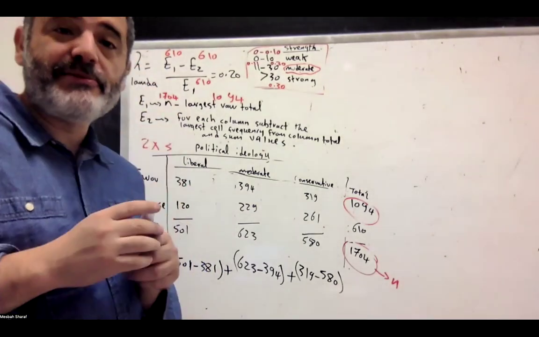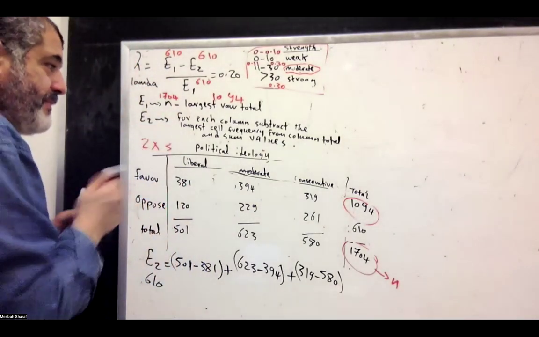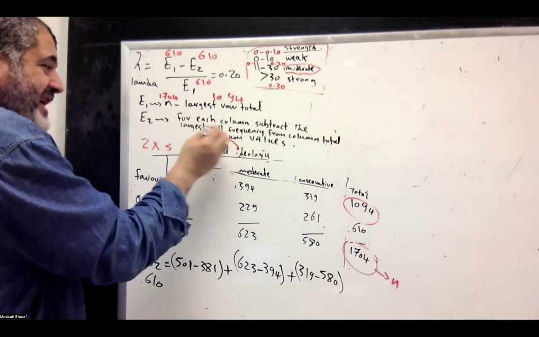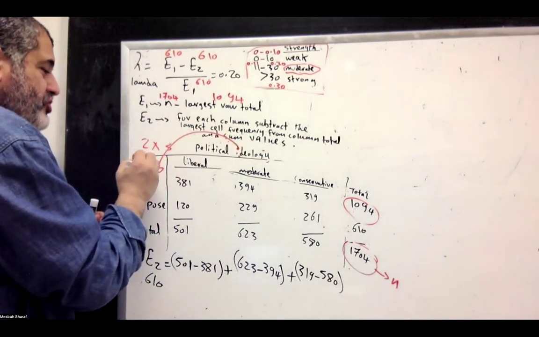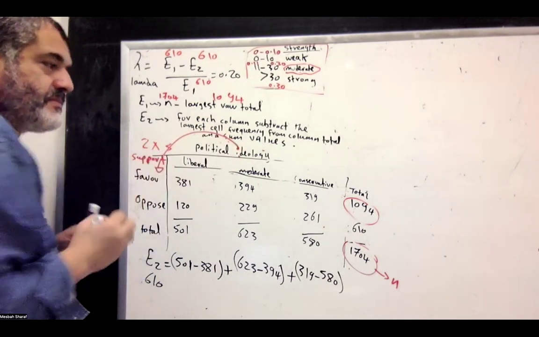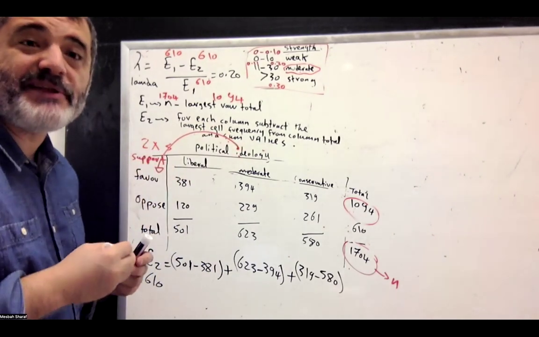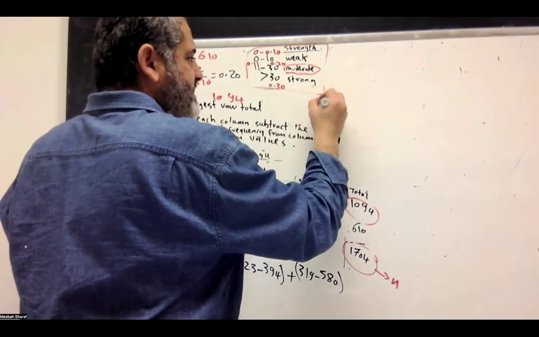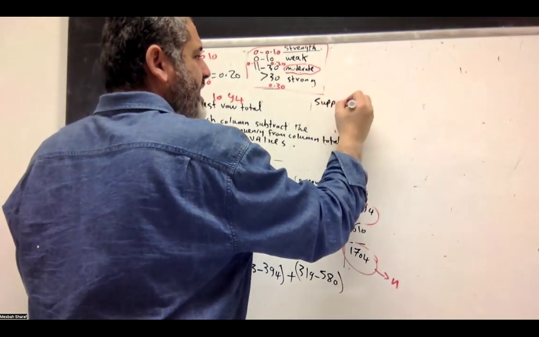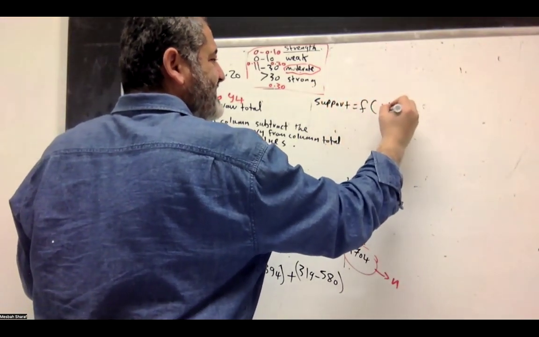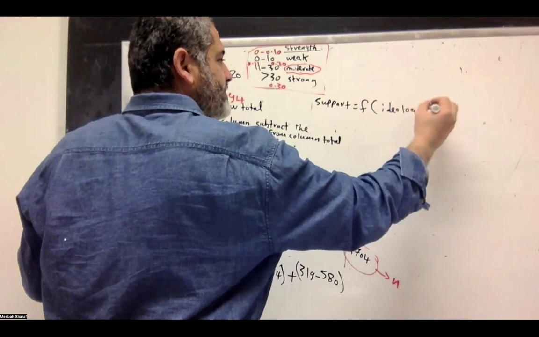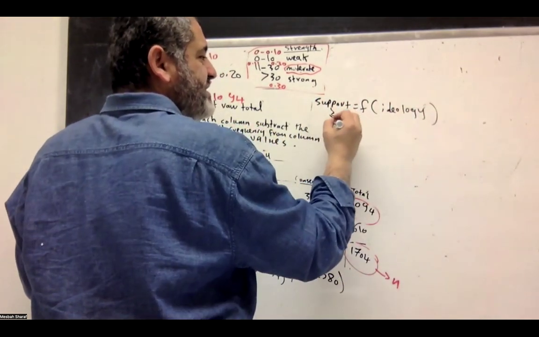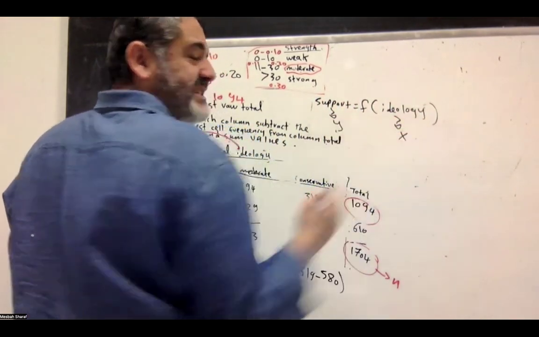So here we have two variables. How political ideology affects your support. So this support is the dependent variable. We have support as a function of your ideology. This is the y, and this is the x.